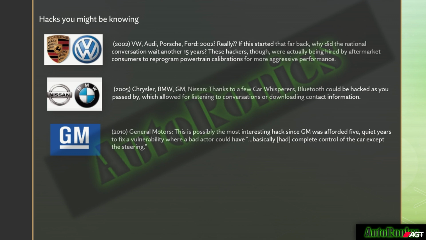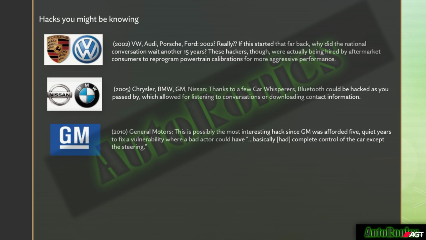And in the year 2010, GM, General Motors, was attacked in such a way that they were able to steer the vehicle. This is possibly the most interesting hack, since GM was forced five years ago to fix a vulnerability where a bad actor could have completely controlled the car except the steering.